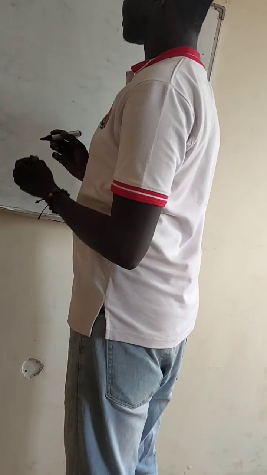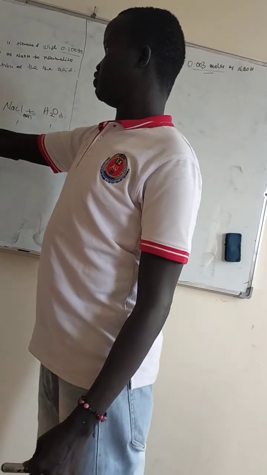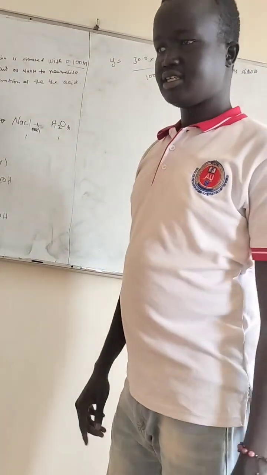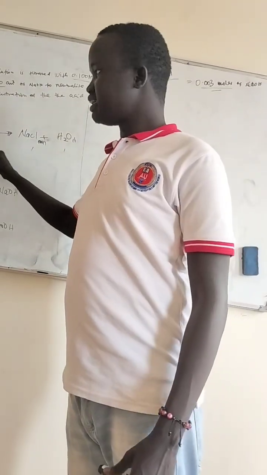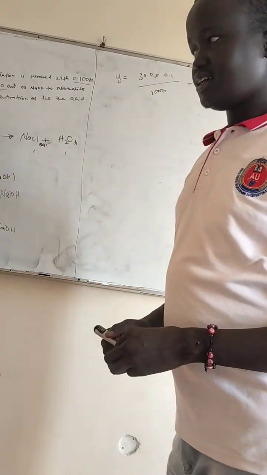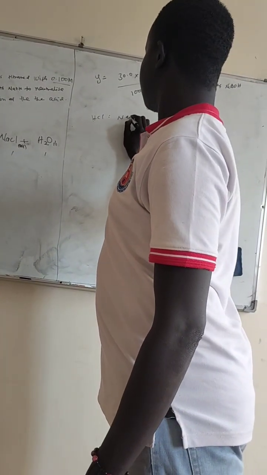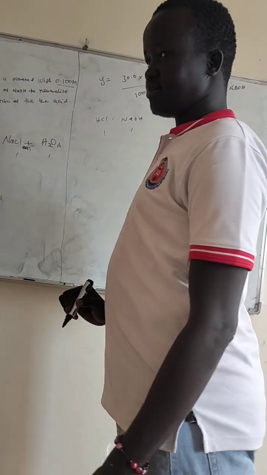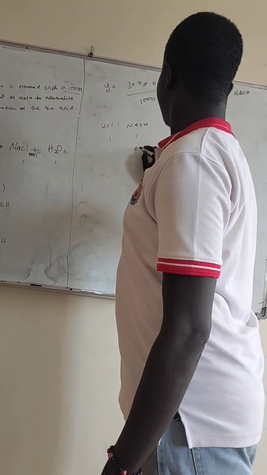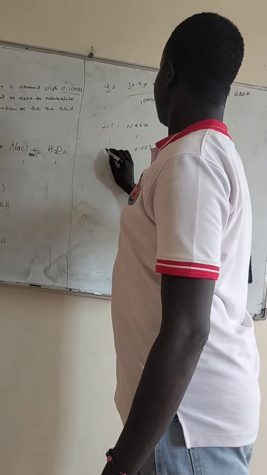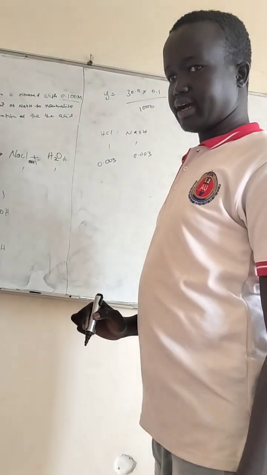Now, we are going to use the number of moles of sodium hydroxide to determine the number of moles of the acid that reacted. This is the importance of the equation. We use the mole ratio to determine the number of moles of the acid that reacted. The mole ratio between HCl and sodium hydroxide is 1:1, so this will also be 0.003.